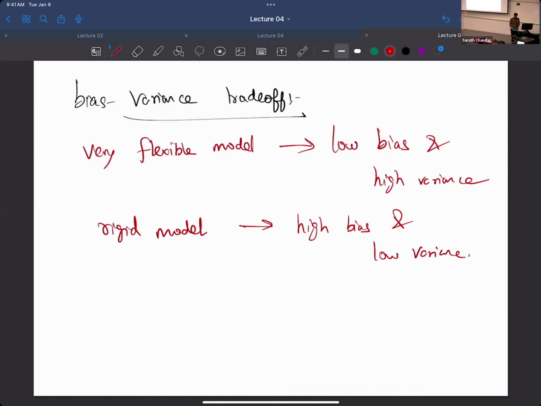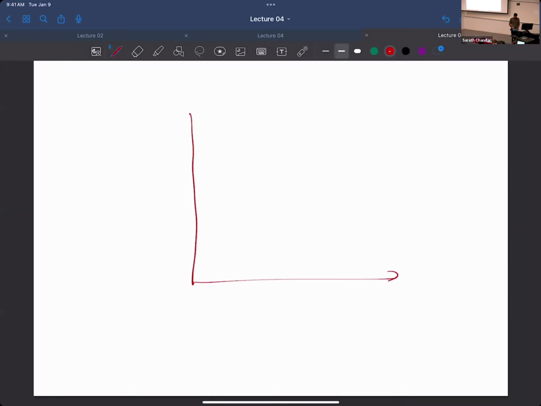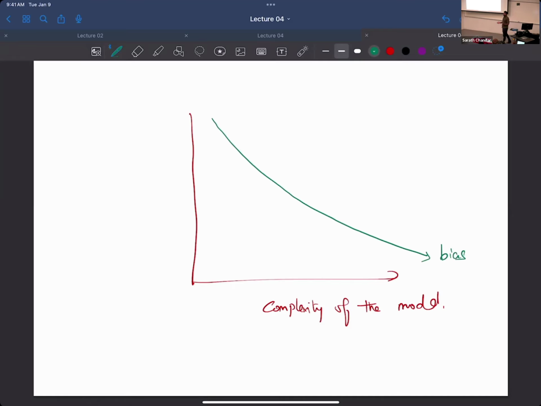So in general, if I plot the complexity of the model, and bias and variance, typically the bias decreases as the model becomes more and more complex. We're going to see more and more complex models in this course. As the complexity of the model increases, the bias decreases significantly.